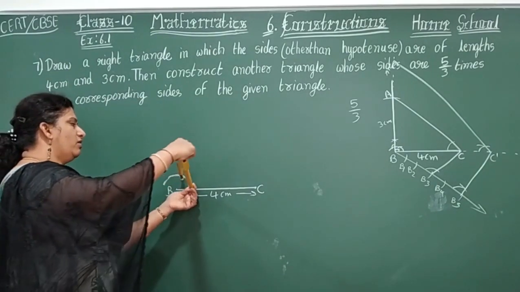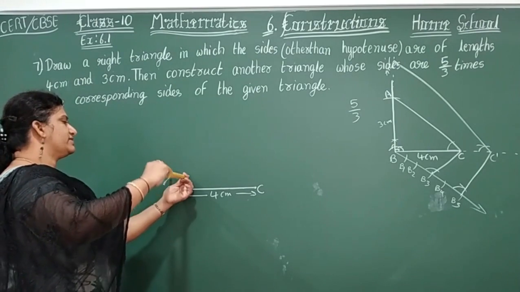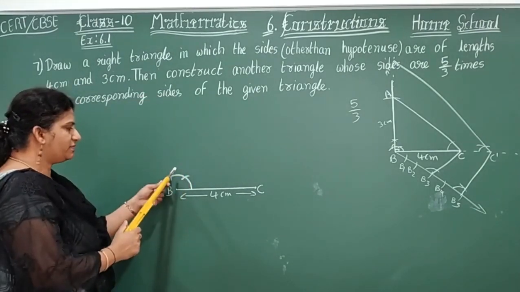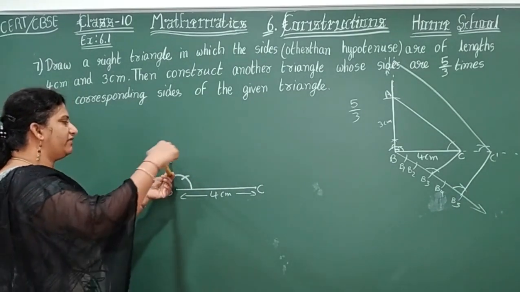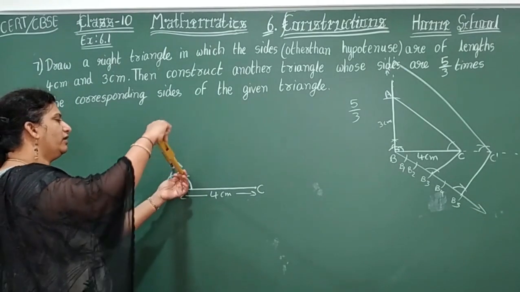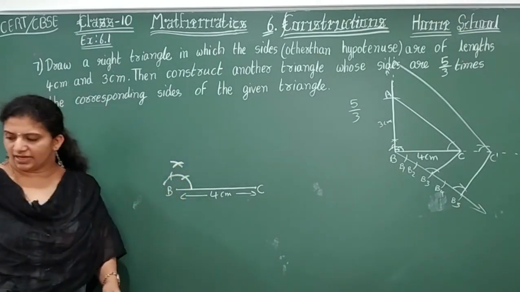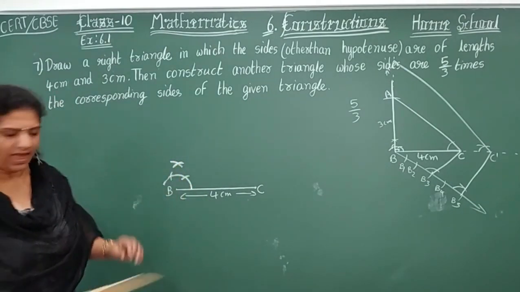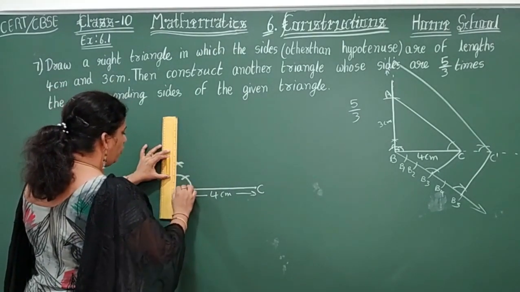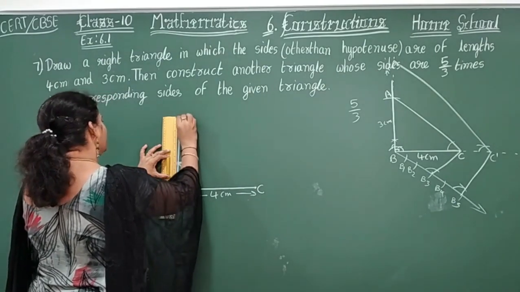Then again, cut the arc. 60. This will be 120. Now, in this middle means 60 plus 30, it will be 90 you are going to get. Okay. Now, take a scale and draw the perpendicular by joining these 2 points.